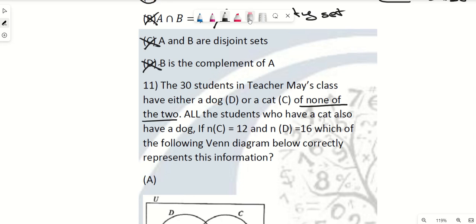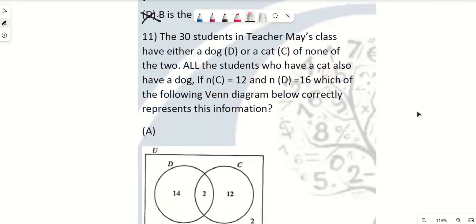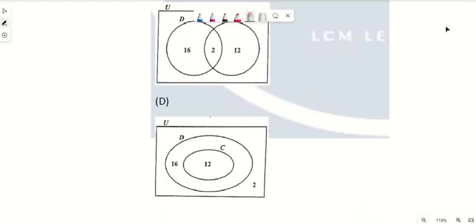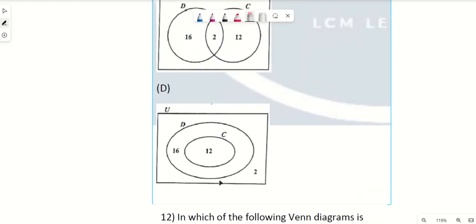Hold on. No, wait. My bad. Let's read through this question because I made a mistake. The 30 students in the teacher's class either have a dog or cat or none of the two. All of the students who have a cat also have a dog. I made a mistake, so this is not the answer. All the students who have a cat also have a dog.